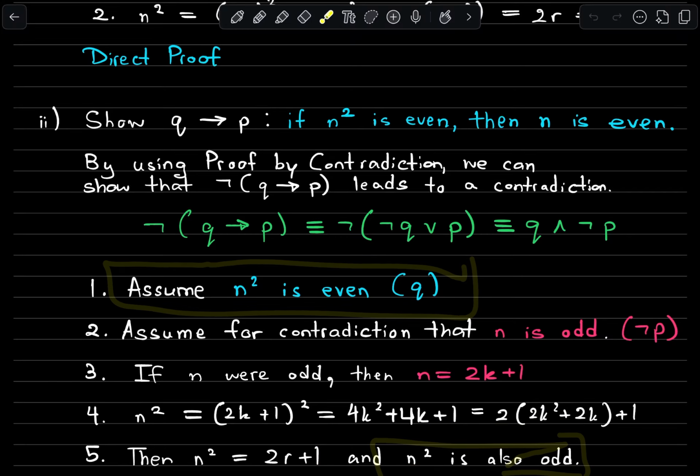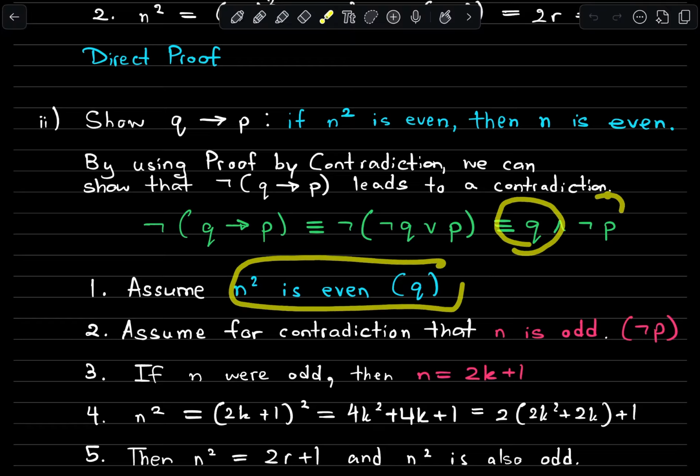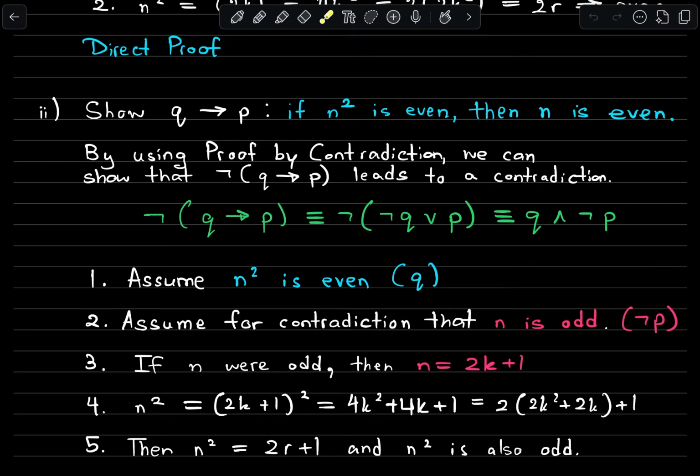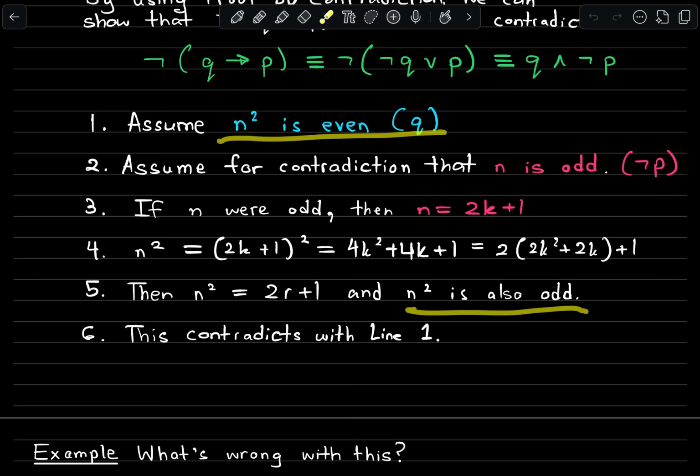Except we started by assuming that n squared was even, right? So we assumed that n squared was even and n was odd simultaneously. And this leads to a contradiction. These two statements cannot be simultaneously true. So this contradicts with line 1.